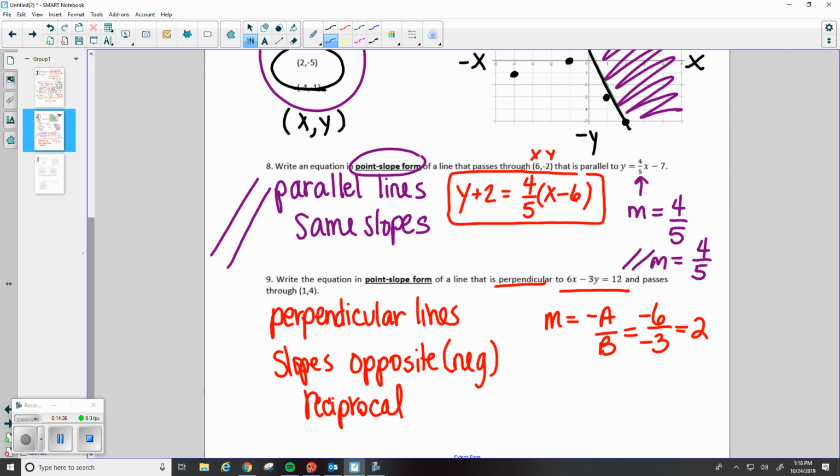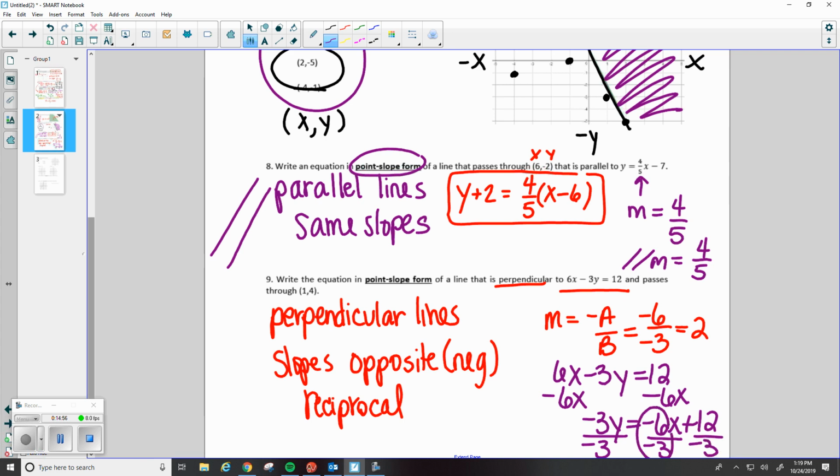Or you could solve it for y. So I would subtract the 6x, and then you would want to divide by -3.